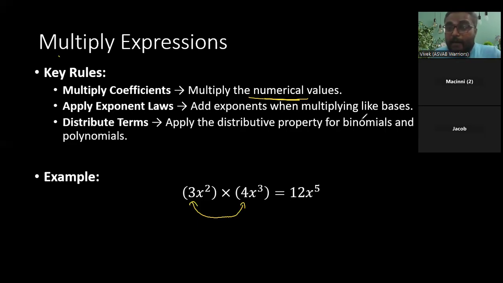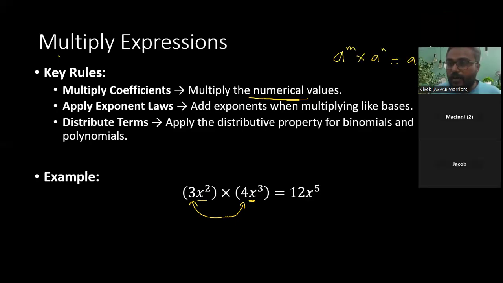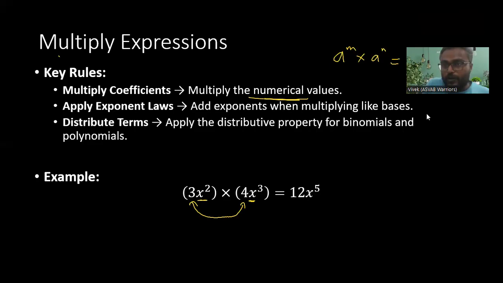Wherever the bases are the same, where here x and x are there, which law are you going to apply? A to the power m times a to the power n would be a to the power m plus n. What do we do basically?